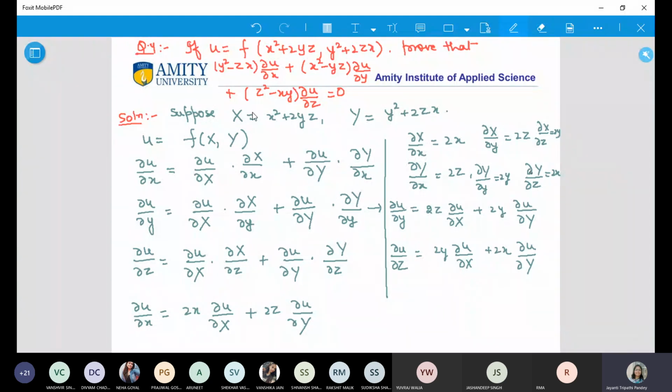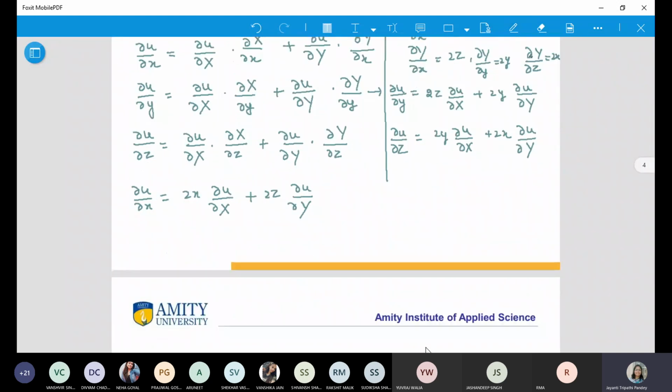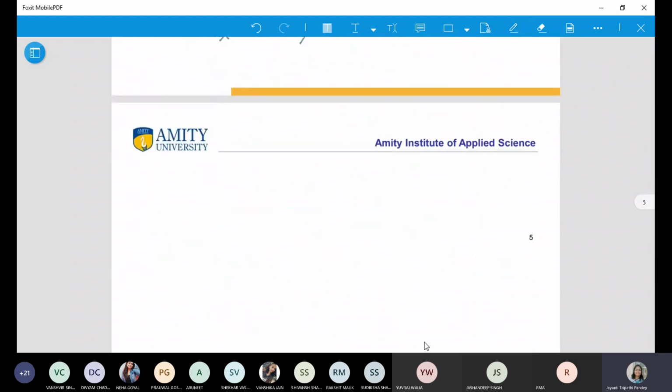All right. Now substitute it here. Substitute it here and see what you are getting. I'm substituting, just see.